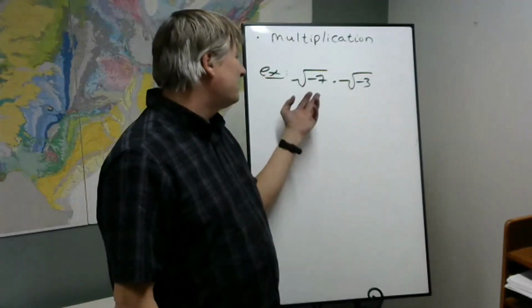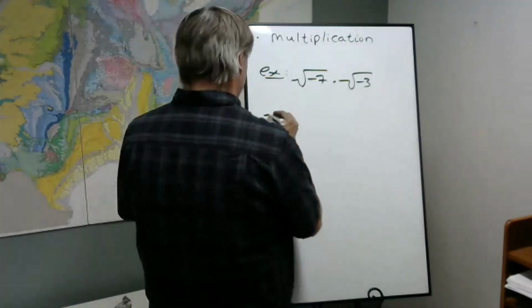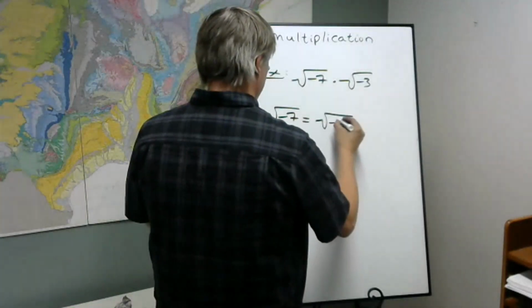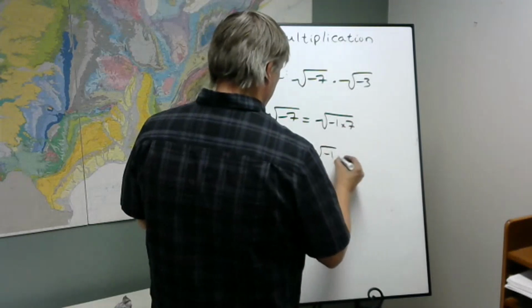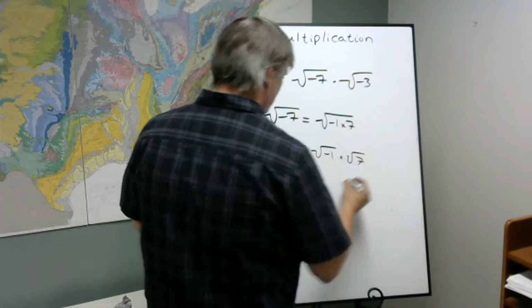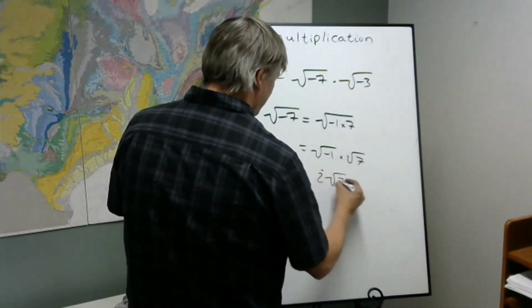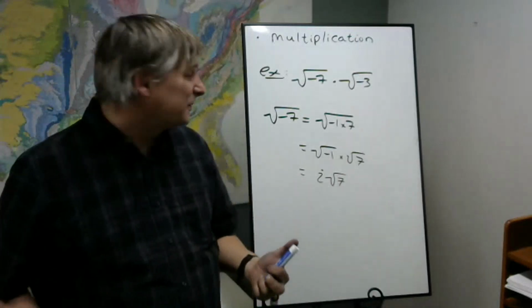And when you multiply a complex number by a complex number like this, you need to do this first. For i root 7, there has to be an i involved here.